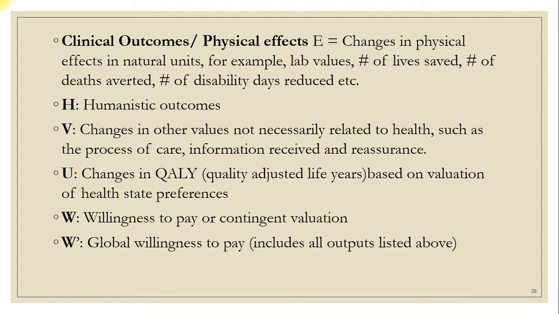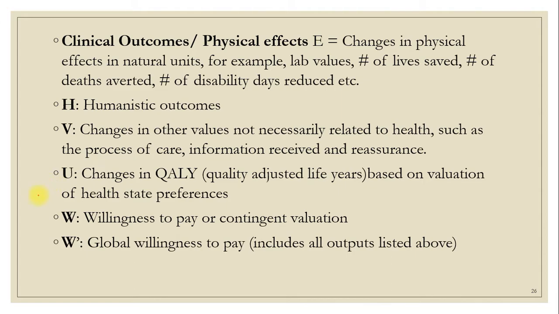So clinical outcomes or physical effects are represented by E, which is equal to changes in physical effects in natural units. For example, lab values, number of lives saved, number of deaths averted, number of disability days reduced.